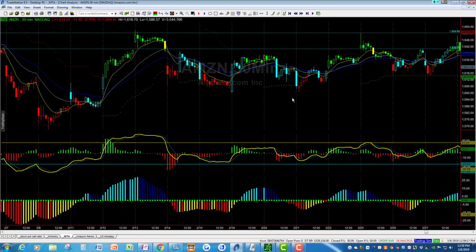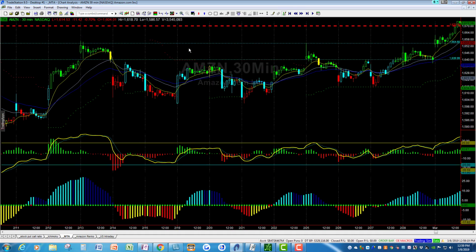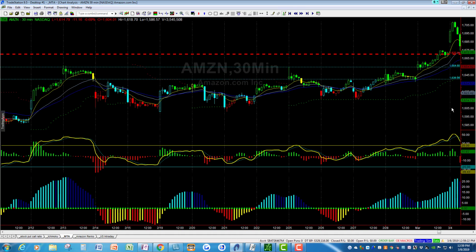So on Tuesday, the 26th, you can see that we started having downward momentum right through here, moving this way, a downward trend. And so it was like, okay, we can put on a bear call credit spread.